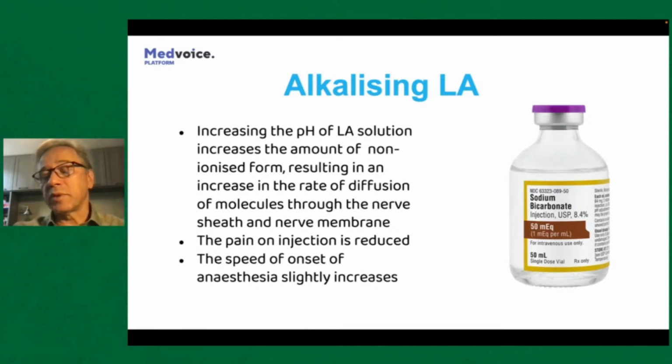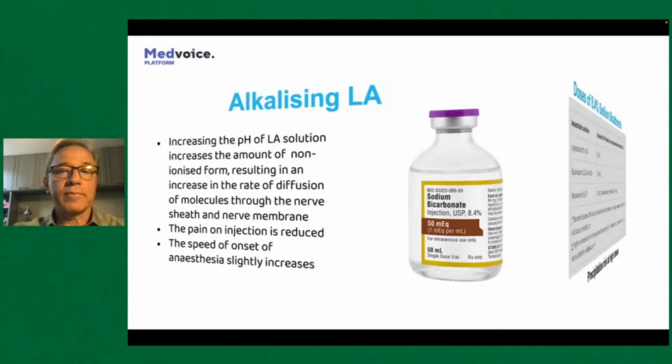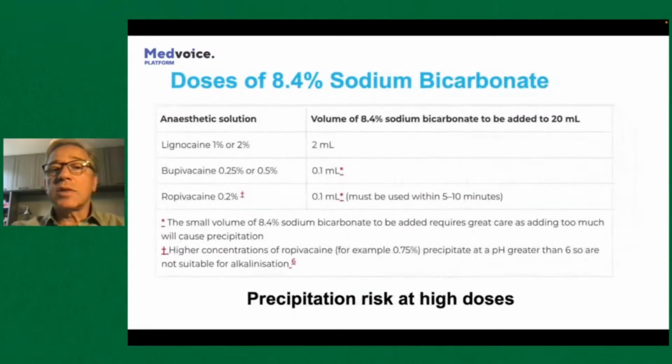Hence, there are many different solutions. One known for obstetric anesthesia is called Rochan solution, where local anesthetic is mixed with sodium bicarbonate and also adrenaline is added. The doses of 8.4% sodium bicarbonate are slightly different. If you're using lidocaine 1 or 2%, you only need to add 2 mLs of sodium bicarbonate.